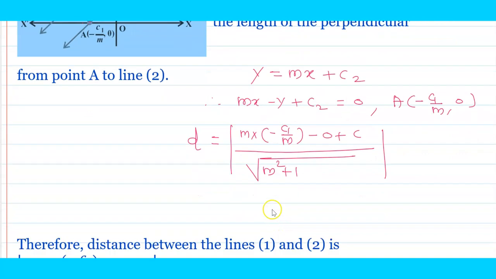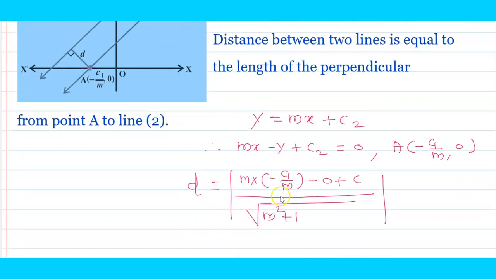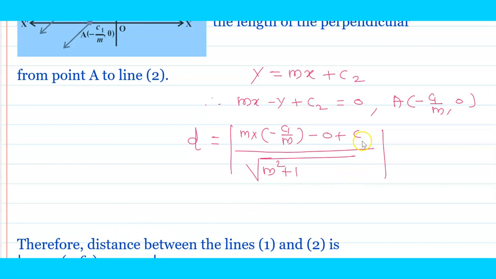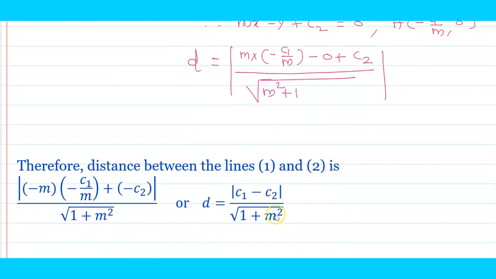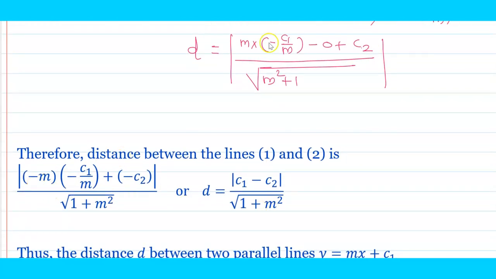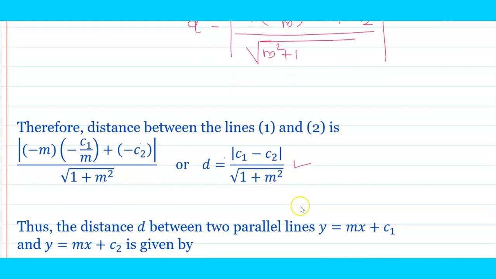If we simplify this, then m times -c1/m cancels, and here you will get 0 + c2 over the square root of 1 + m squared, which gives (c1 - c2) over the square root of 1 + m squared. This is the distance between the two parallel lines.